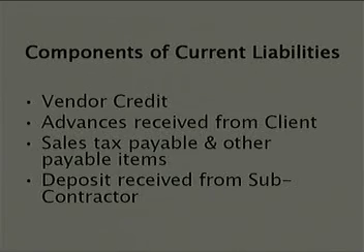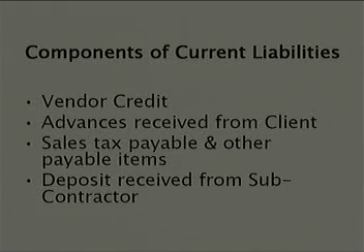But his payment is due within the next 1 year. So, then that is part of your current liability. Then similarly, advances received from client, that is also part of the current liability. Sales tax payable and other payable items, these are all part of your current liability.